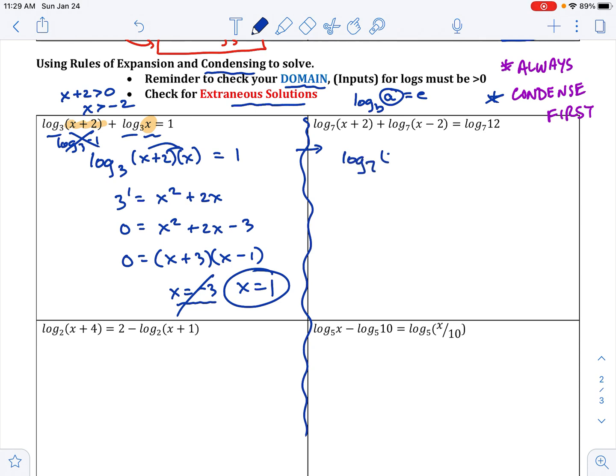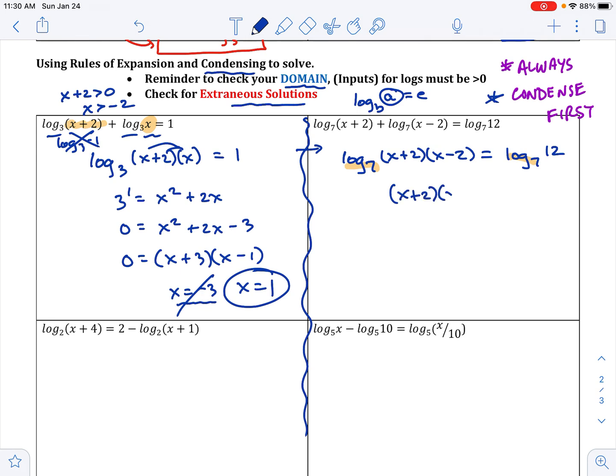So log base 7 of (x plus 2) times (x minus 2) is equal to log base 7 of 12. All right, if you have log on both sides, which I do in this case, then that means we can cancel out the logs or ignore the logs and just leave the rest.